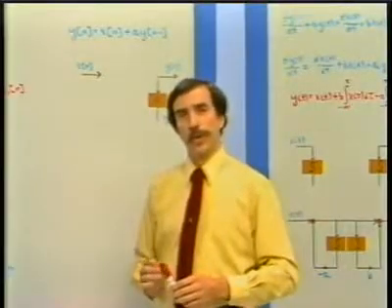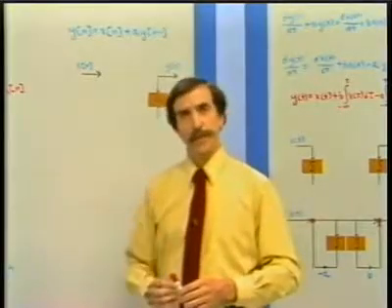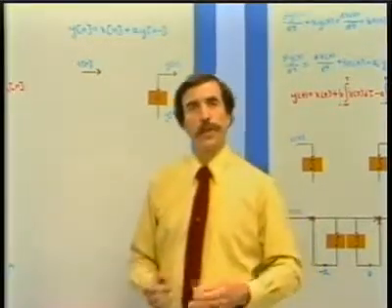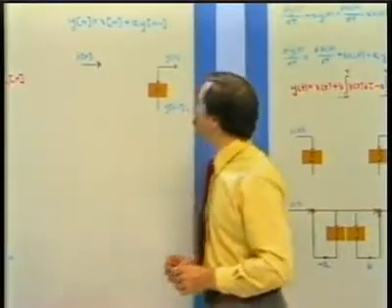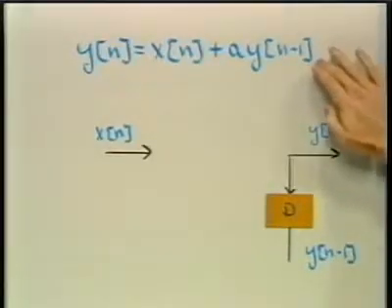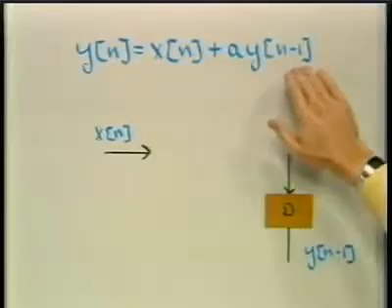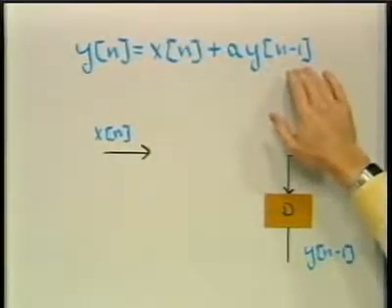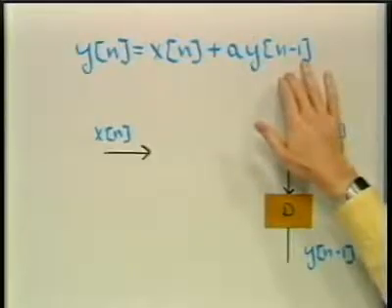Let's now look at the difference equation and then later the differential equation interpreted in block diagram terms. Now, the difference equation, I've just simply repeated here, is y of n is x of n plus a y of n minus 1, where I've taken the delay term over to the right-hand side of the equation.